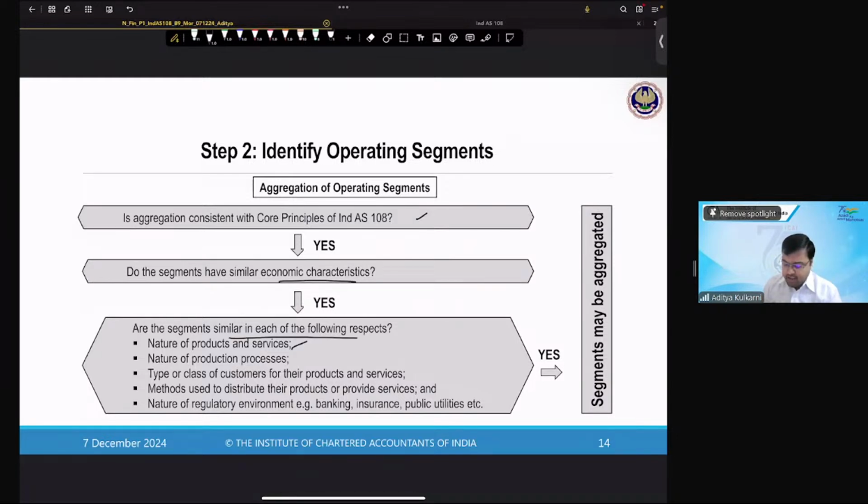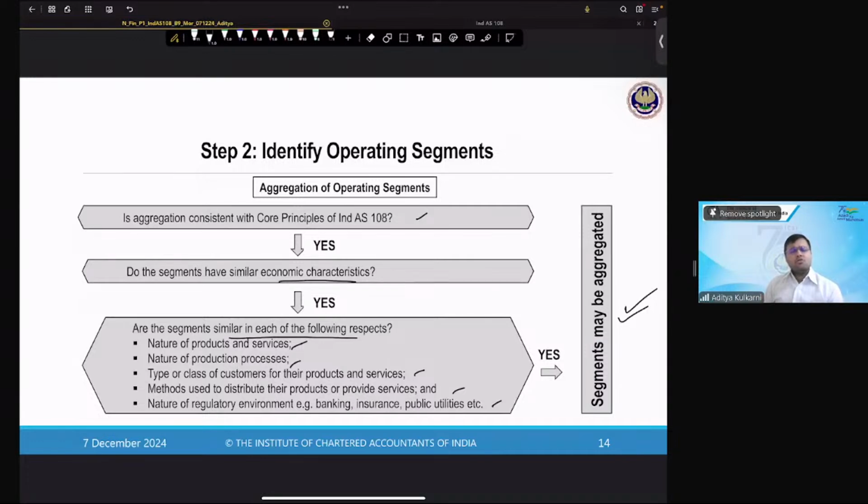Nature of products and services, nature of production processes, type or class of customers for their products and services, methods used to distribute their products or provide services, and nature of regulatory environments. If these answers are similar and answer is yes, then you can aggregate the multiple segments.